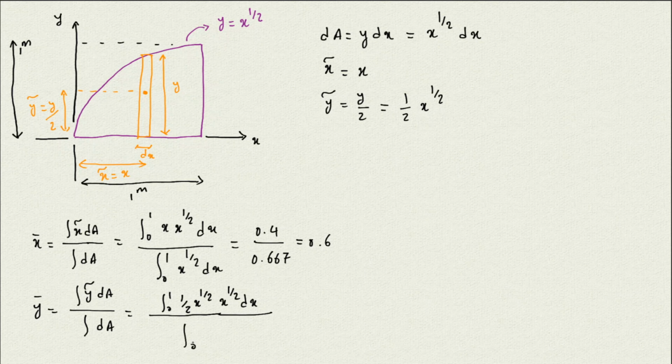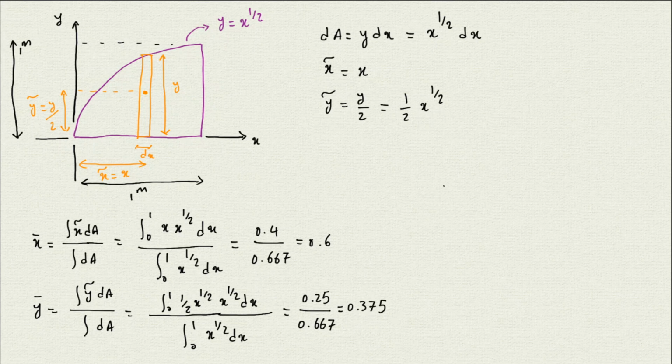If you do the calculation, it comes out at 0.25, and again the same thing, 0.667, which should equal 0.375.